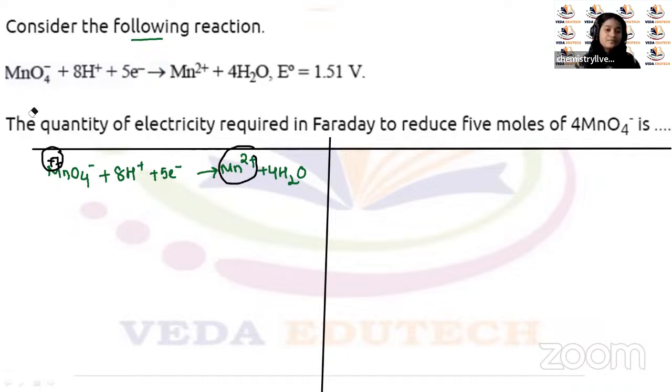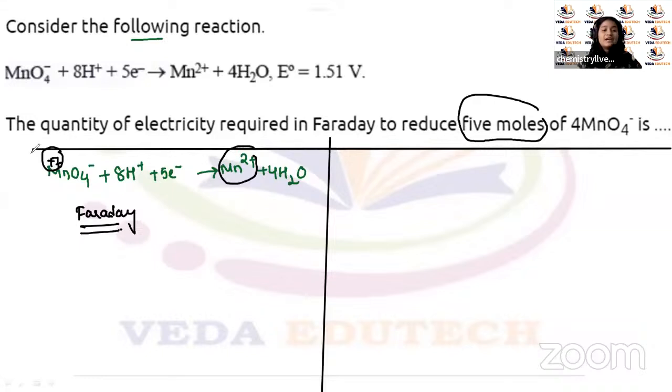Okay. So what else is given here? It's given that we need the quantity of electricity required, in Faraday. So we have to find the amount of charge in terms of Faraday for the reduction of how many moles, children? The reduction of 5 moles is being asked. So let us see.